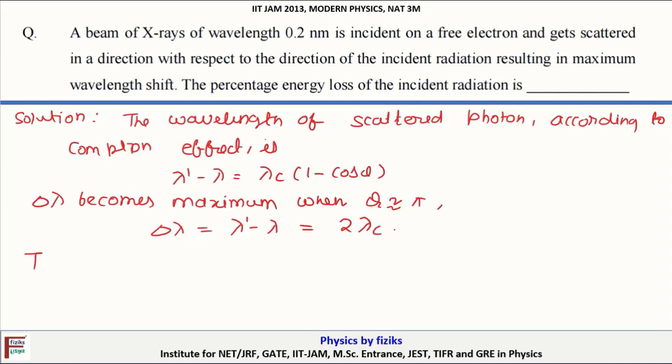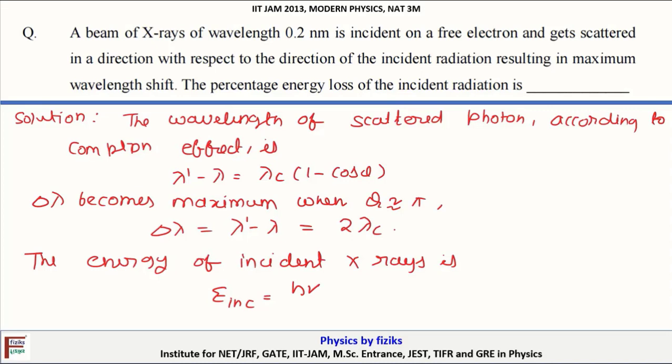The energy of incident X-rays is E inc equals h nu, that is hc by lambda.